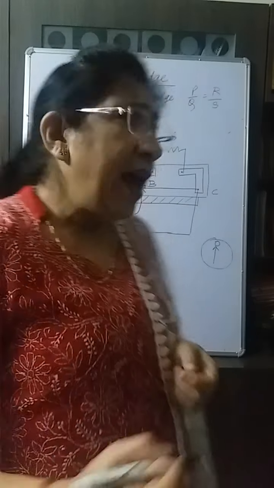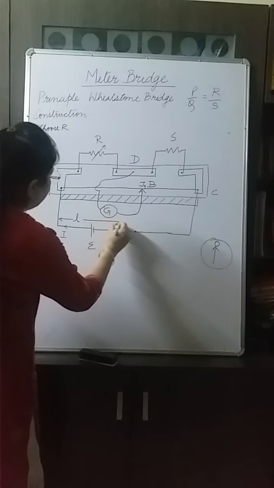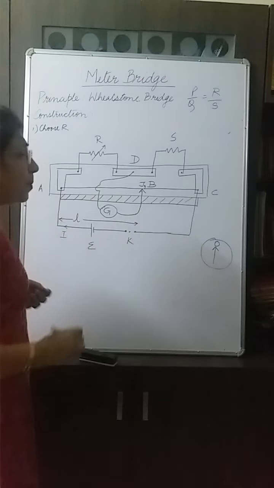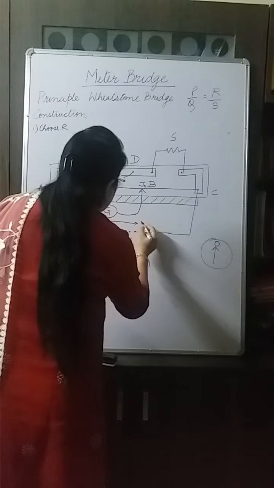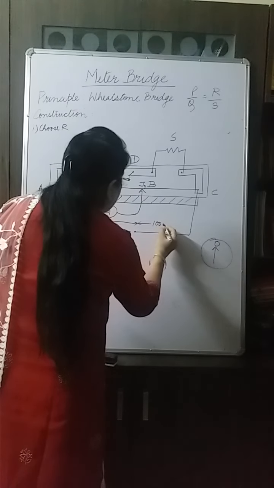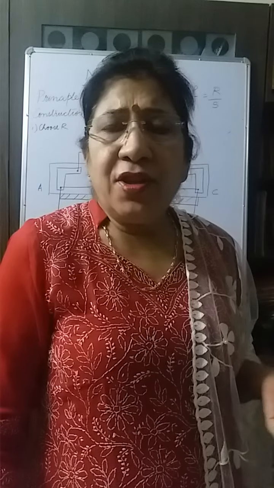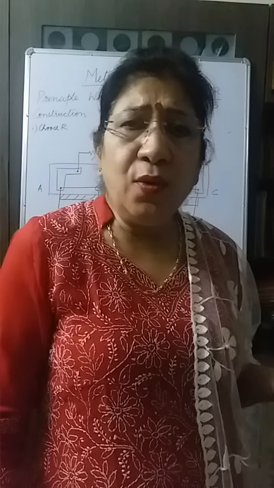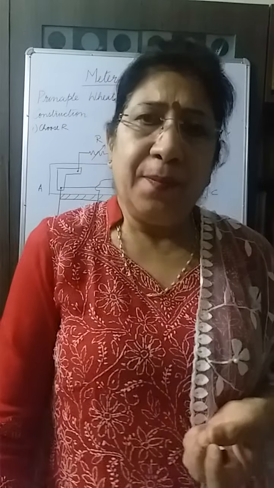Okay? And say for a length L of the wire, the deflection has become 0. This means the rest of the wire length is 100 minus L. When the deflection in the galvanometer becomes 0, this point B is our balance point.